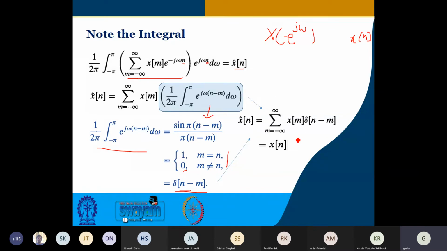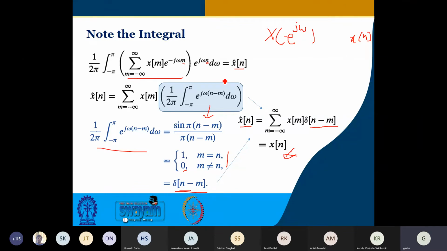Only when m is equal to n it is multiplied with 1, and in the rest of the cases it is multiplied with 0. So x[n] only comes out of this summation, and other terms do not contribute in any manner. So this x cap n is your x[n]. This is a general case.